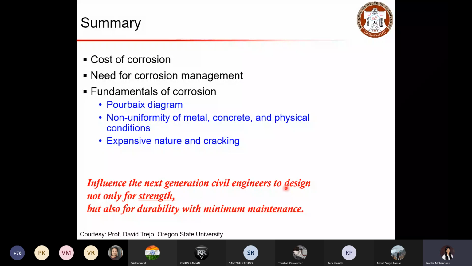But the role of the next generation civil engineer is to design not only for strength but also for durability with minimum maintenance. So it is very important to give importance to both strength and durability, so that we can meet the required performance for longer durations with minimum maintenance.